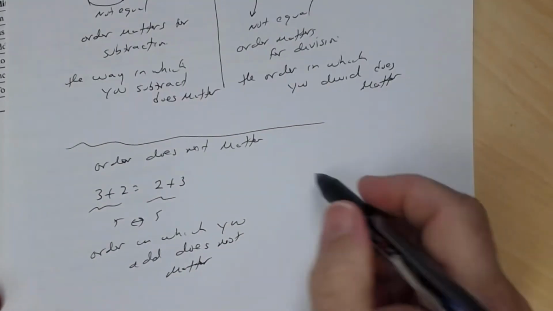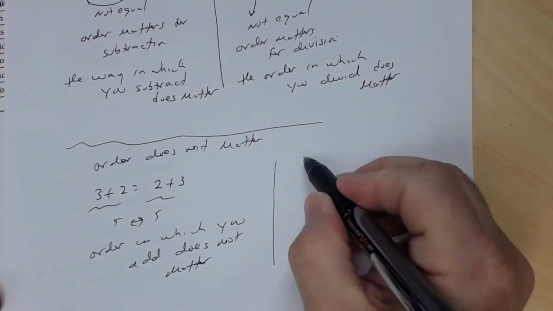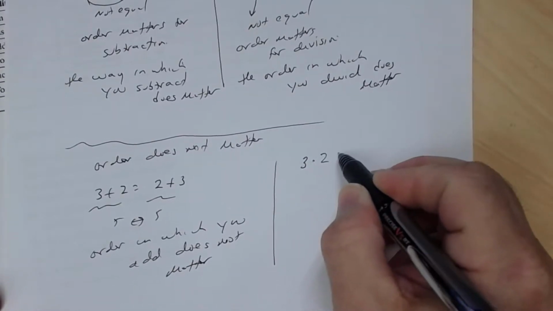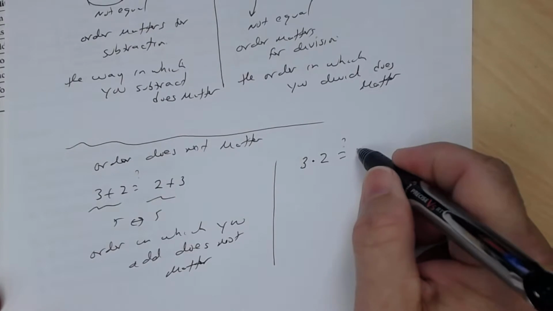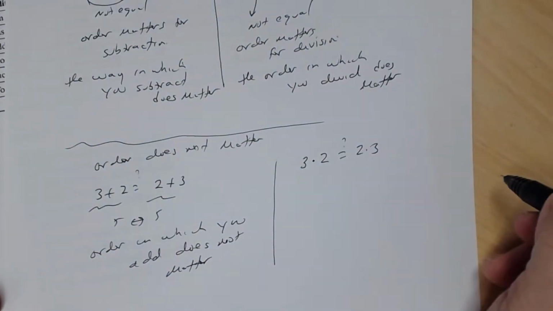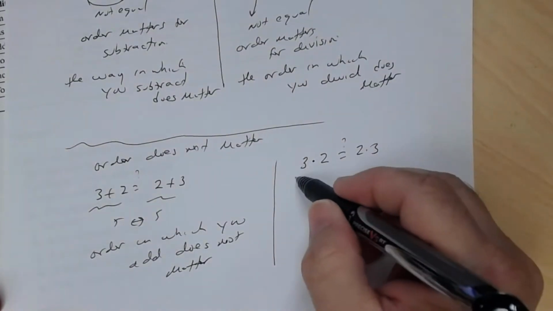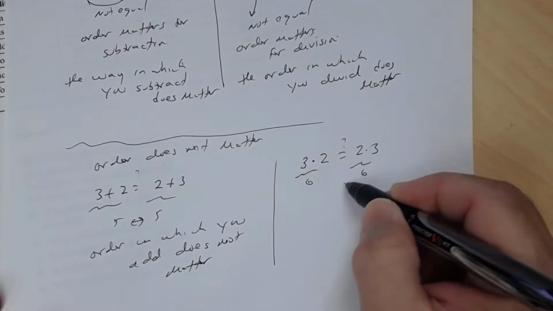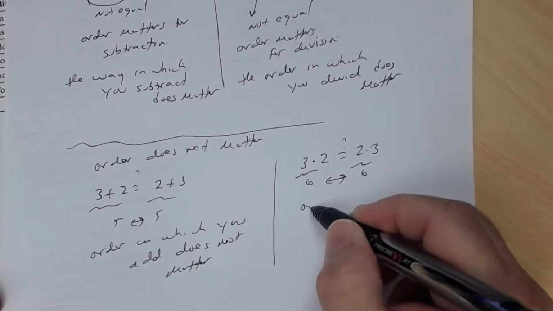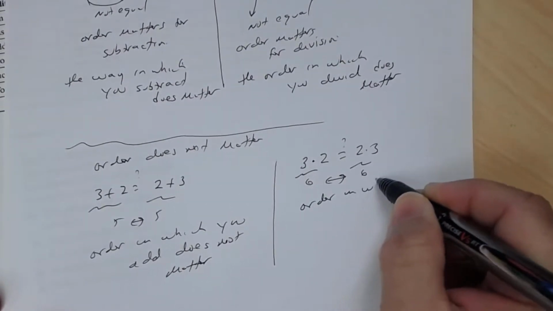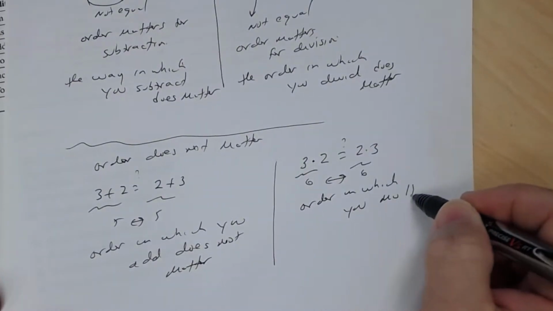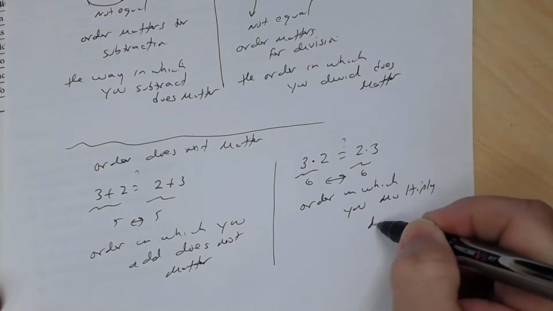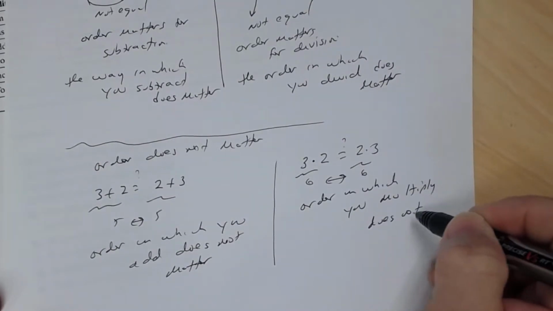The same is true for multiplication. Is 3 times 2 the same as 2 times 3? The answer is yes. 3 times 2 is 6. 2 times 3 is 6. They're the same. So the order in which you multiply does not matter.